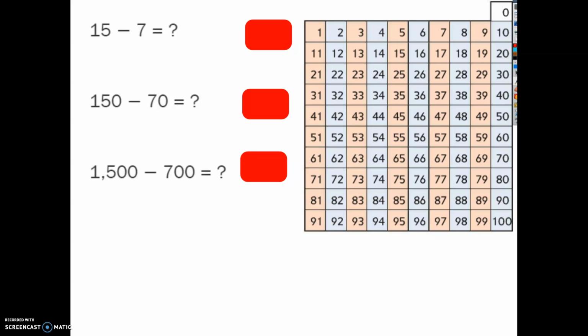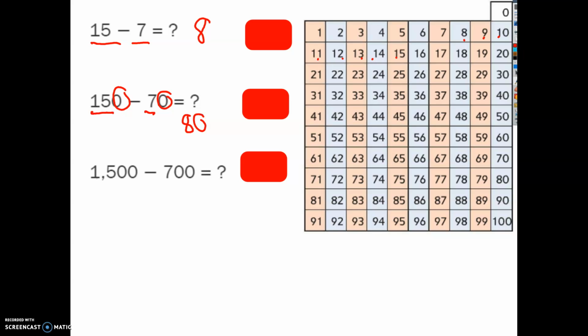15 minus 7 is our basic fact. Now I can use my number grid if I really don't know what 15 minus 7 is. So I'm going to start at 15 and I'm going to count back 7. 1, 2, 3, 4, 5, 6, 7, and the answer is 8. Once I know the answer to that basic fact, I can do these other ones that have similar numbers. Here's 15 and 7. 15 minus 7 is 8. A 0, a 0, a 0.